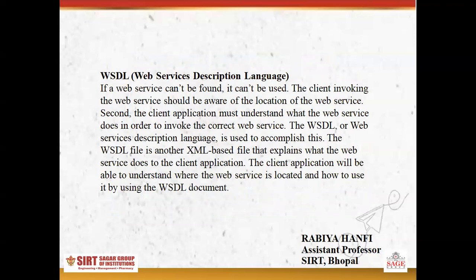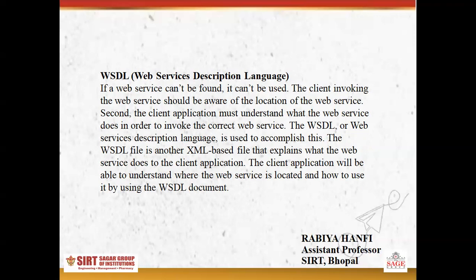Now next is WSDL, which is Web Service Description Language. If a web service can't be found, it can't be used. The client invoking the web service should be aware of the location of the web service. Second, the client application must understand what the web service does in order to invoke the correct web service. WSDL, or Web Service Description Language, is used to accomplish this.